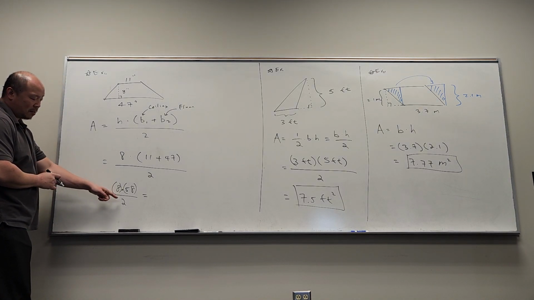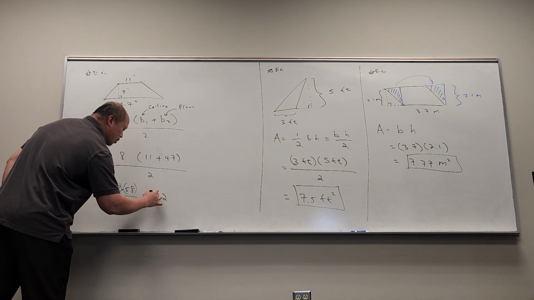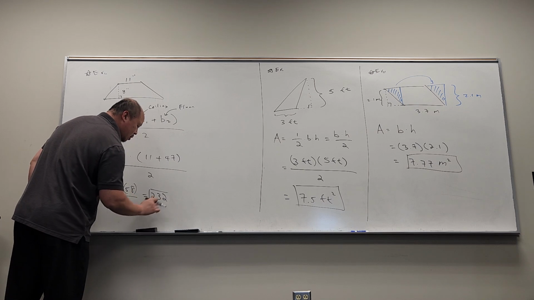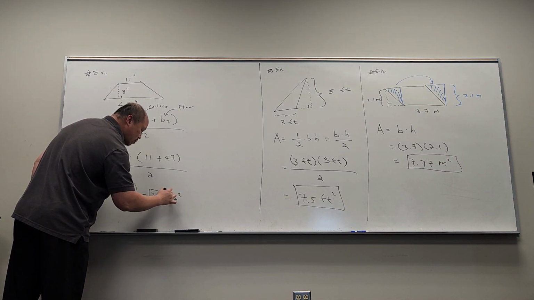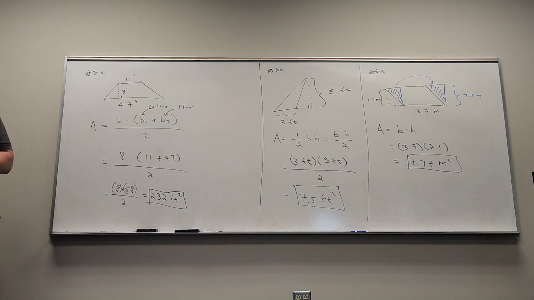I'll just do 8 divided by 2 is 4. 4 times 58 is 232. And oh yeah, I gotta put square inches. That's inches, right? So square inches. I don't think there's a way to write square inches without the symbols. So trapezoid is not too bad. It's just weird, right? It's not something you see every day.